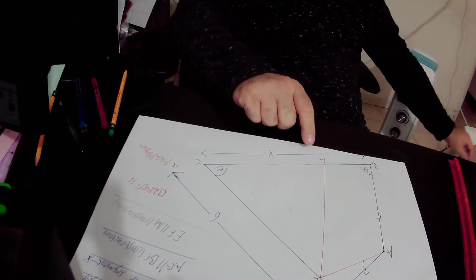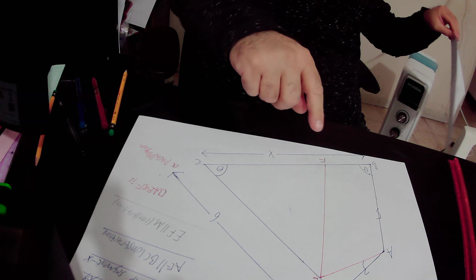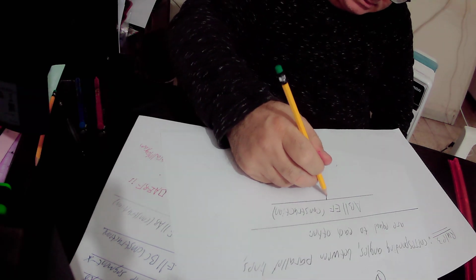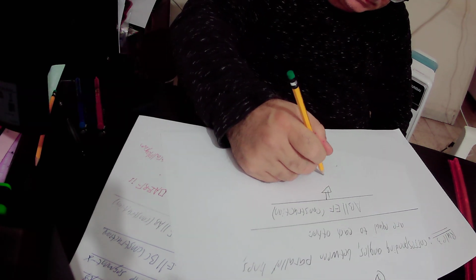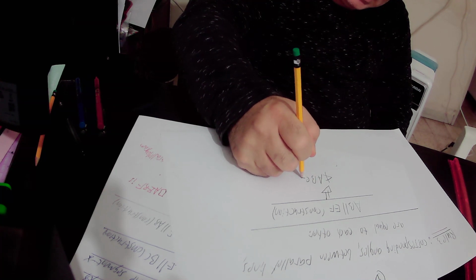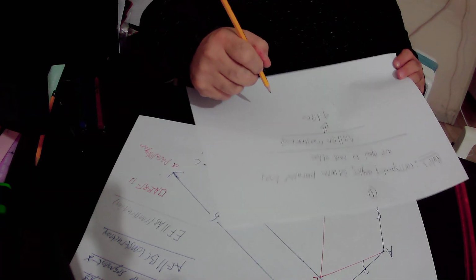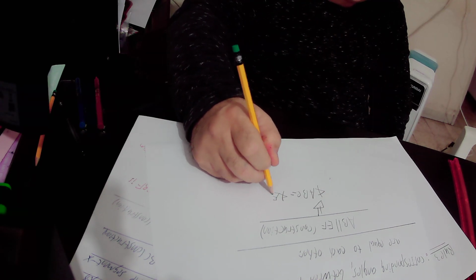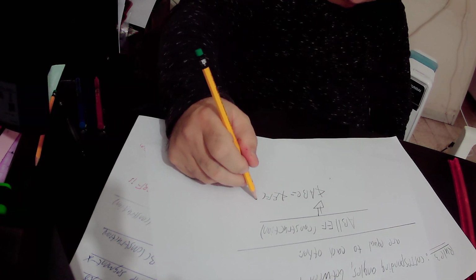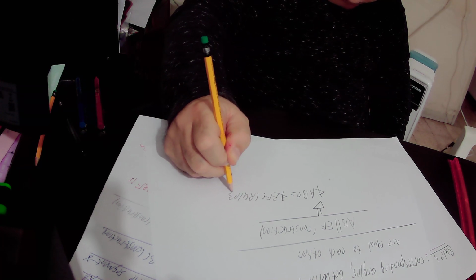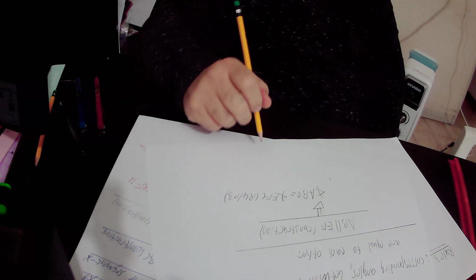So I write it down, angle ABC equals angle EFC according to rule number 3. Okay?